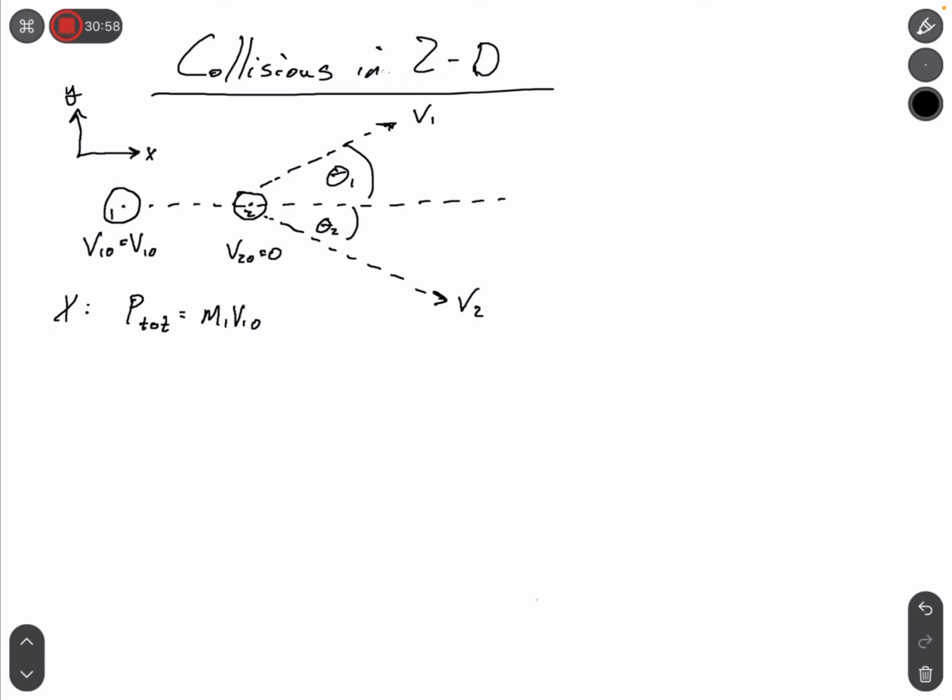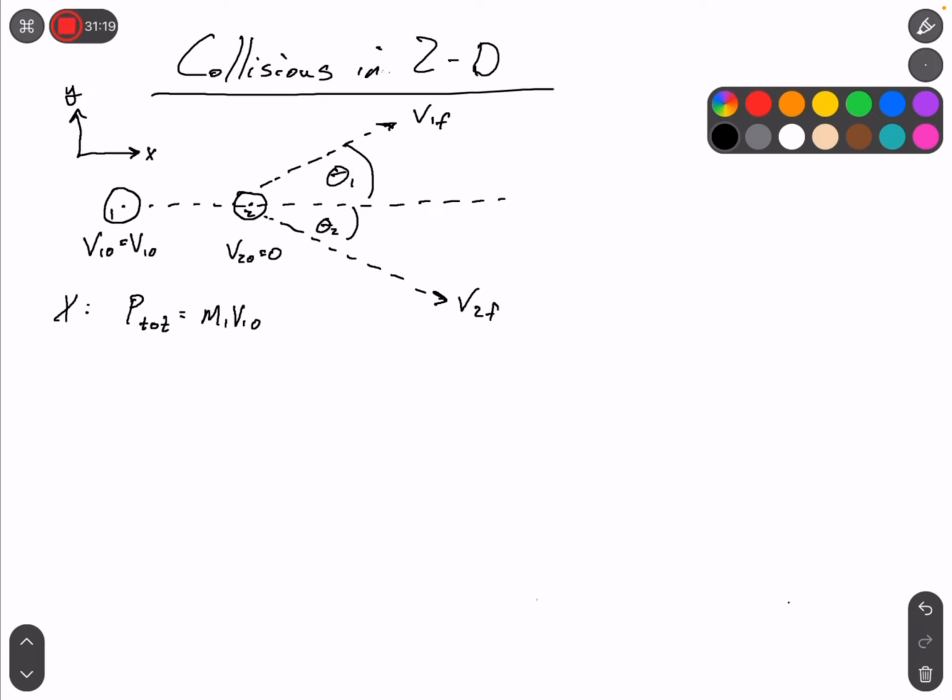So, where do we go from here? Let's define a few things. Let's break down our V1 final, and our V2 final into their x and y components. So we'll do y component.